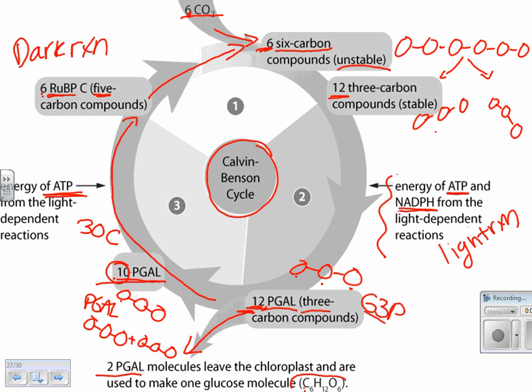Okay, the RuBP has 5 carbon each. 30 divided by 5 allows me to make 6 of these, which I need to start this whole process over again. These 6 react with another 6, and so on. So it's a complete cycle, and we're still using our reactants that we produce in the light reaction.